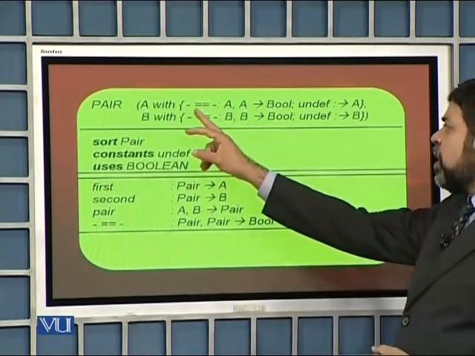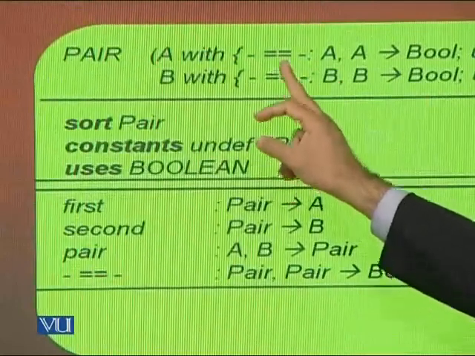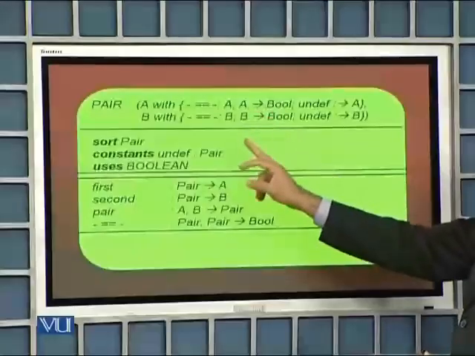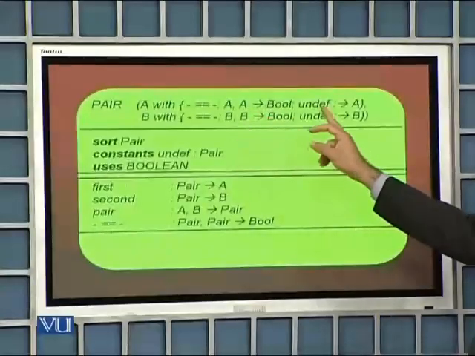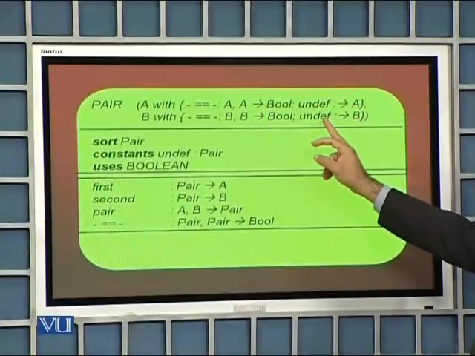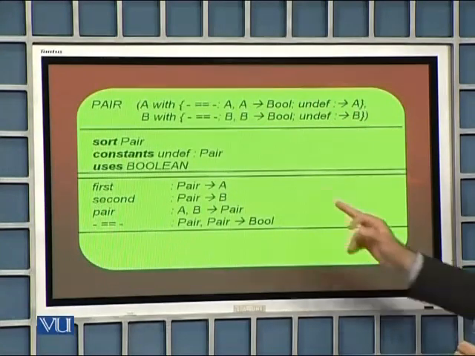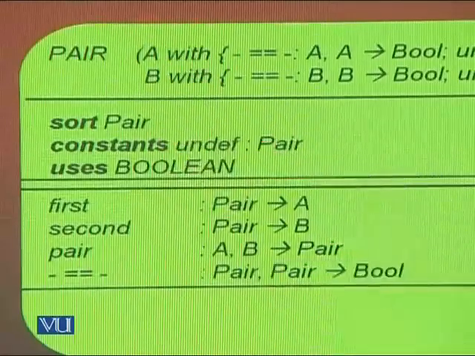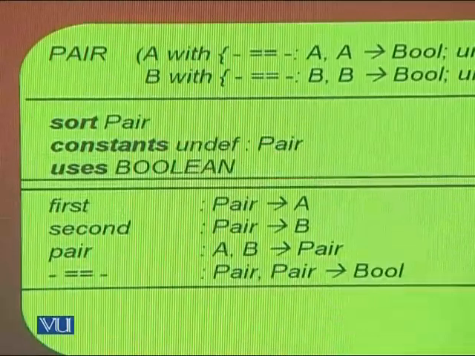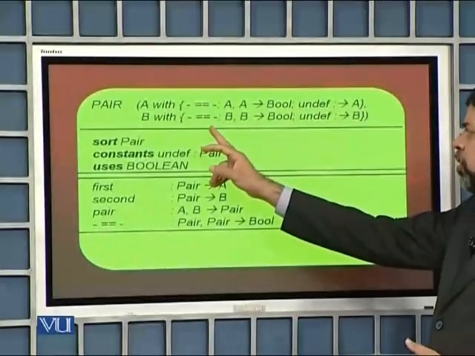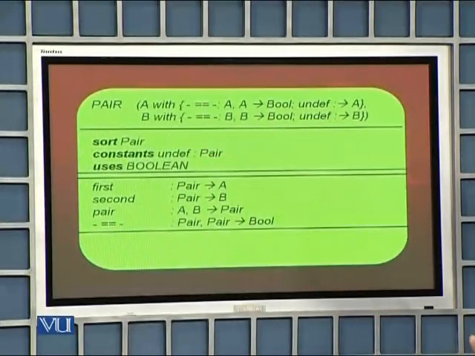But what we are saying is that this equality operation is defined for this A as well as for B, and we have undef defined for A as well as for B. So all we are requiring is that these A and B could be anything as long as these two operations are defined. We have equality defined and we have undef defined for these things. As long as this is true, we can make a pair of these things.